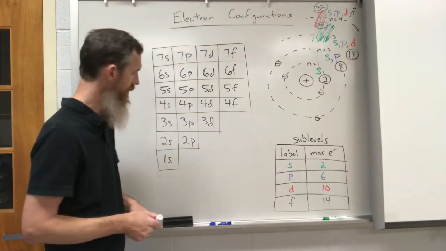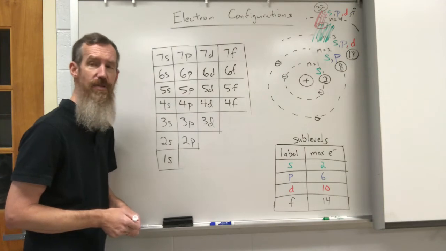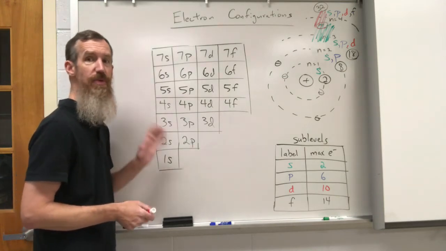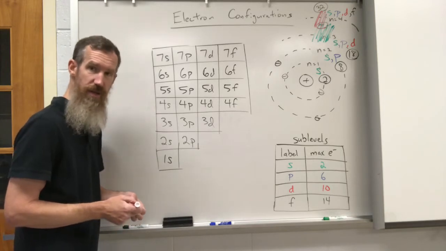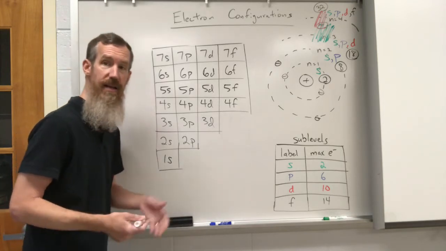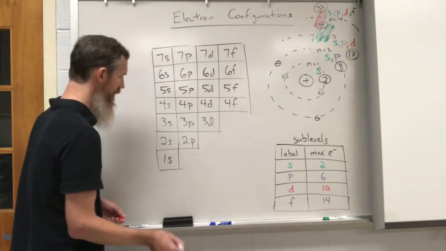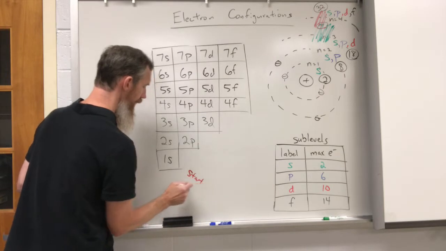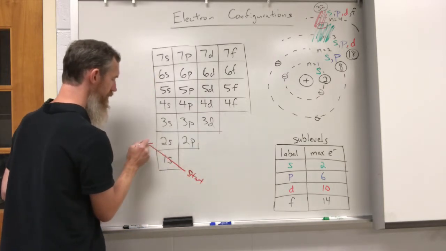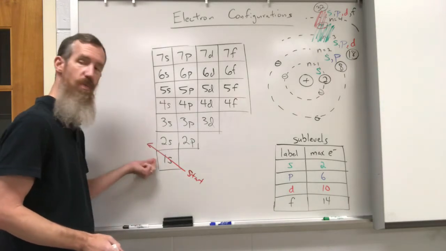If we make a bunch of diagonal lines or arrows that guide us through this grid, it will tell us the order in which the sublevels will fill in when we have high amounts of electrons. If you start here and go across this way, it's going to tell you to fill the first 1s energy level.